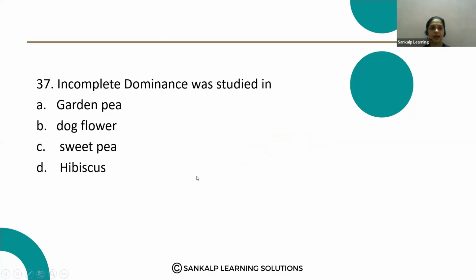Next question. Incomplete dominance was studied in garden pea, dog flower, sweet pea, hibiscus. Incomplete dominance was studied in the dog flower, that is also called the snapdragon flower.